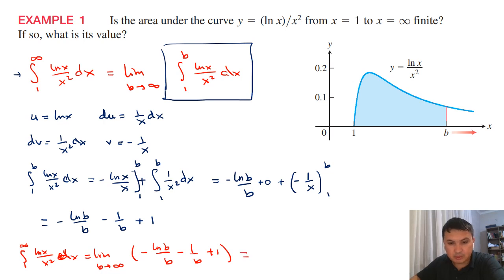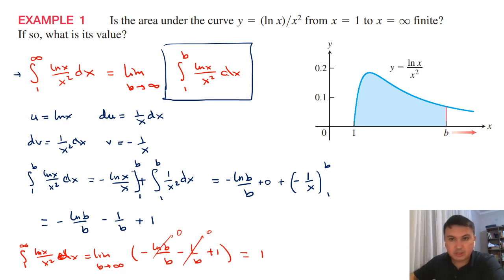If you let b go to infinity, where does ln b over b go? Well, by L'Hopital, the derivative of ln b is 1 over b, the derivative of b is 1, so this is like 1 over b, and the limit of 1 over b is 0 because b goes to infinity. So this goes to 0, that goes to 0, so I'm left with 1.